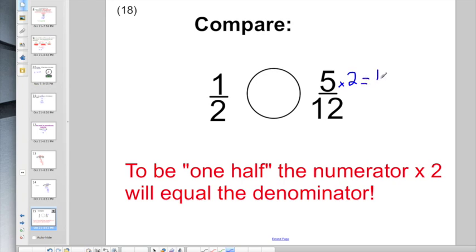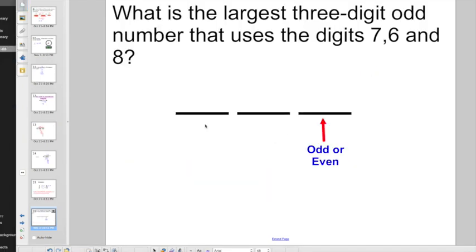So would 5/12 be more than a half or less than a half? Is 10 more or less than this denominator? This is less, right? So you end up with 1/2 is greater than 5/12 because 5/12 is less than a half.